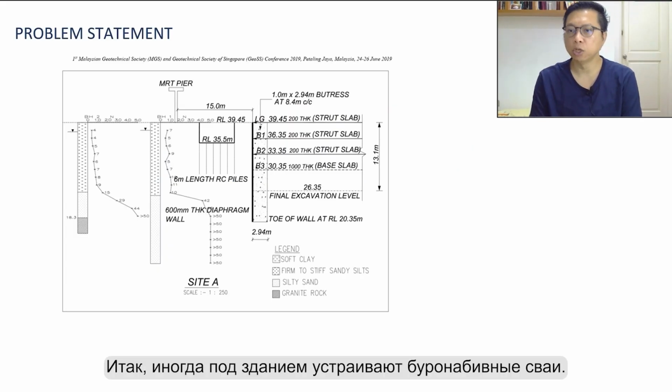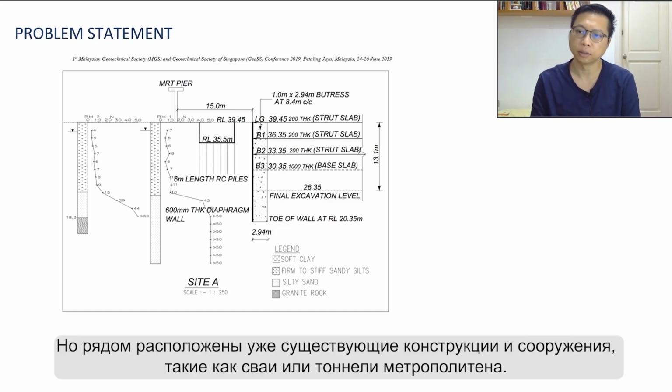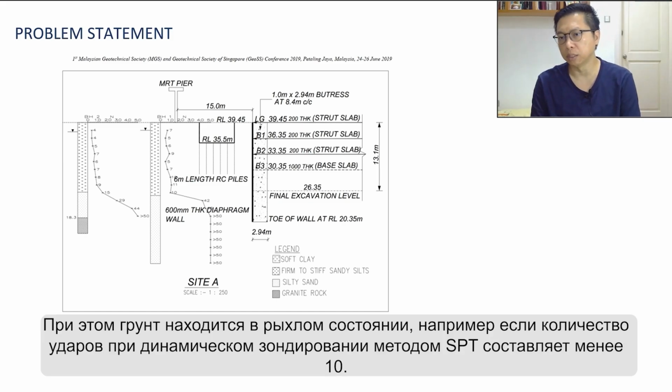Now, sometimes you are constructing bore piles within a basement, and the basement is located next to existing structures like MRT piles or tunnels, and the ground is in a loose state, like SPT less than 10.